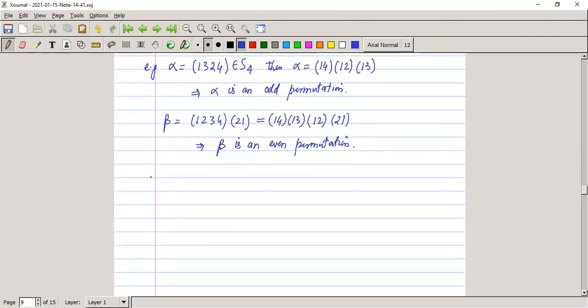Now we make one more definition here just for the sake of using the language: parity. The parity of a permutation is defined as whether a permutation is even or odd.